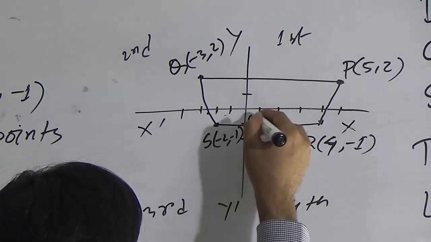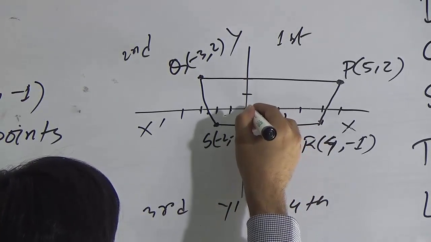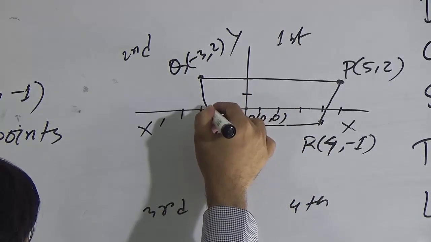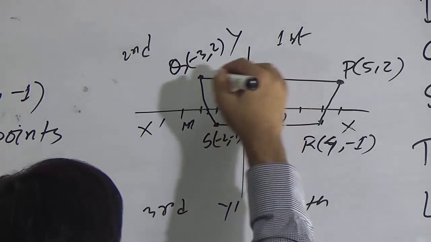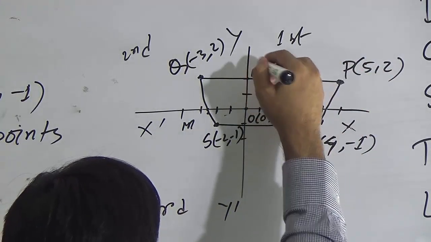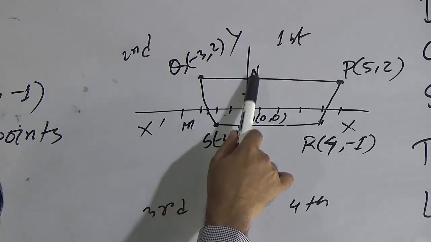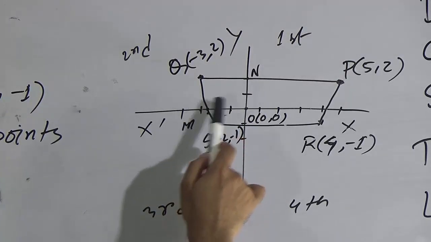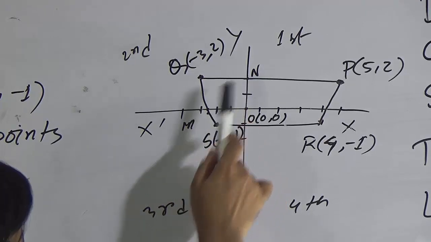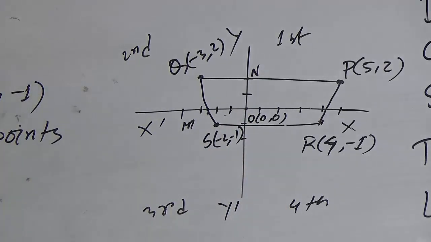Suppose this is origin O (0,0), and this QS intersects the x-axis at M and PQ intersects the y-axis at N. So if you can determine the coordinates of points M and N, using the coordinates of Q, M, O, N, you can determine the area of the quadrilateral portion which is contained in the second quadrant, that is the portion of the quadrilateral PQSR.